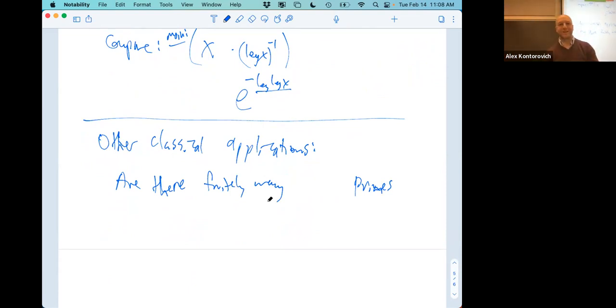I mean, somewhat precise. It's more properly expressed as: for any finite list of primes, there's a prime not on the list. That's exactly what Euclid proves.